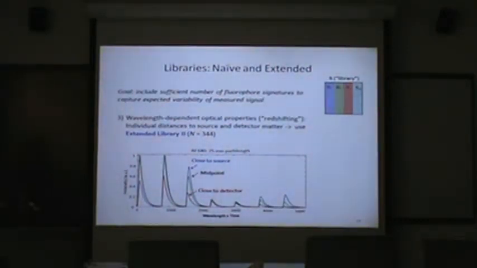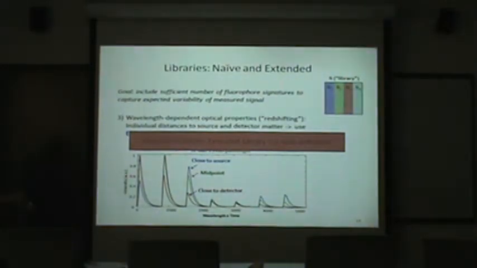So fantastic, right? Except that something has happened. And the problem is that in going from the naive library and extended library 1, those correspond to full rank matrices. This library, which has a number of fluorophore signatures that don't vary that much from one another, is rank deficient. And so now you may be thinking, well, that's going to be a problem for that algorithm.